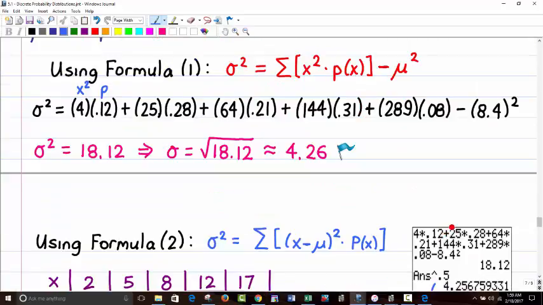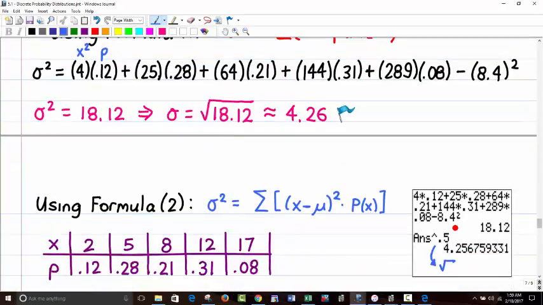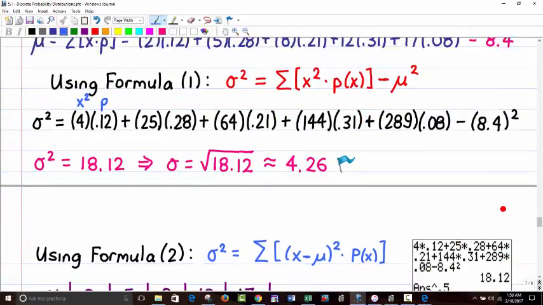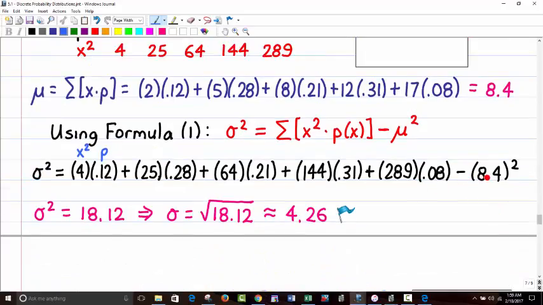Well, here it is down here. Didn't know if I'd put it in the calculator box or not. There it is. But then you have to subtract that 8.4 squared, so we don't want to forget to do that. So the variance is 18.12, and then the standard deviation would be the square root of that number, which is roughly 4.26.